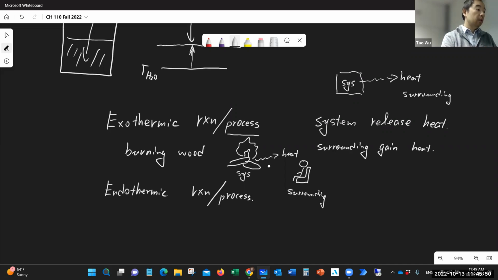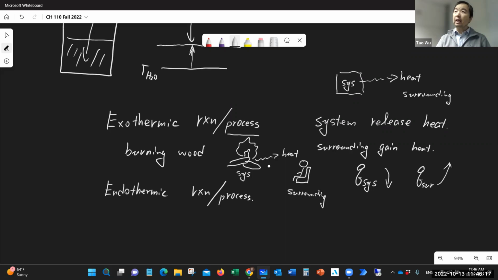So how do we represent that? We write that the heat of the system is going down, but the heat of the surrounding is going up. Again, the heat is not being destroyed.